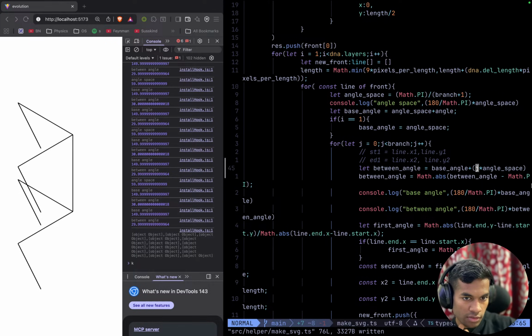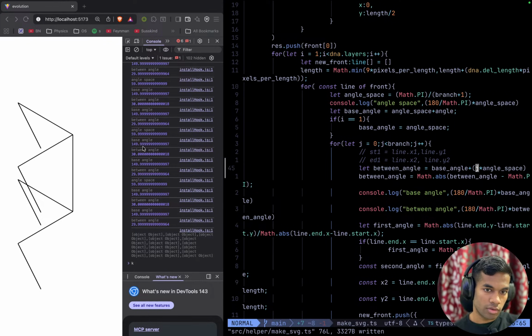Between angle was 60, then between angle was 30, 30, 29, 30. It is not good.